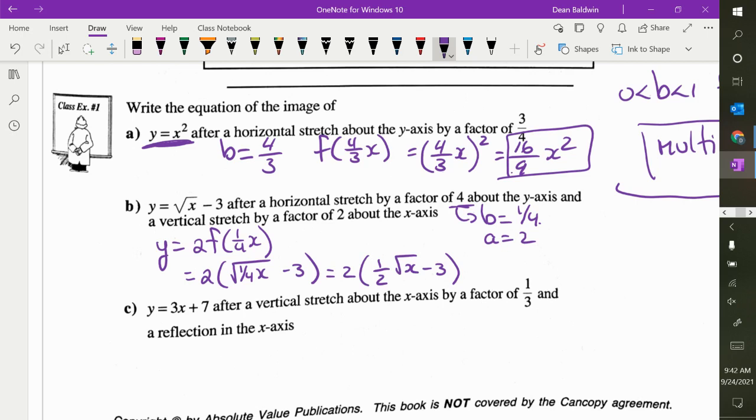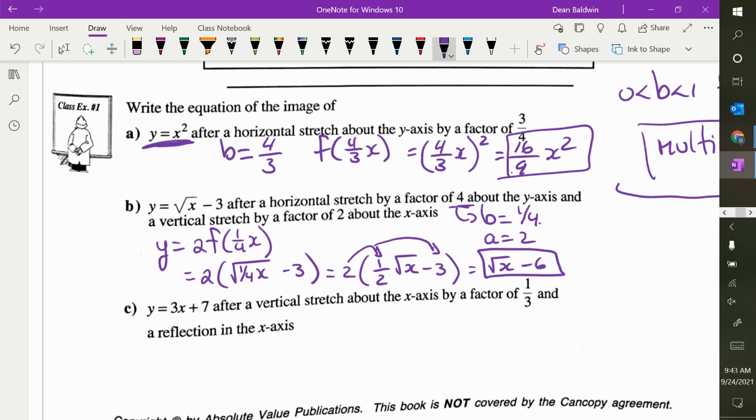There's only one thing to do. Multiply everything by 2. You should multiply the 2 in. What's 2 times 1/2? 1. So I just get root x minus 6. If that was a question on a book or a test, that would be the final answer if it was like a multiple choice thing. Okay, root x minus 6. So you'd have to understand that the 2 can be multiplied in.